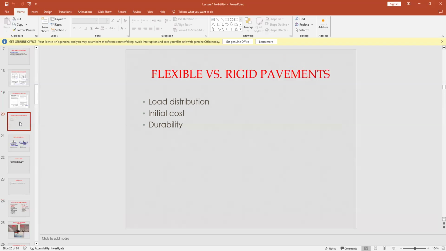Now, how can you differentiate between the flexible and rigid pavement? You can do it in three parameters, or three ways, or three subheadings. One is the load distribution.